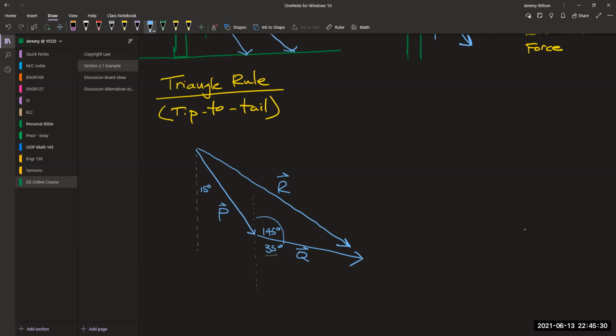And then if I have a 15-degree angle here, then the opposite angle on this side has to be 15 degrees also, for a total of 160 degrees.